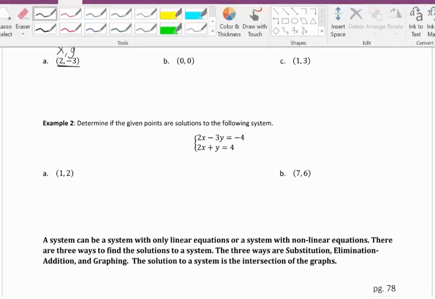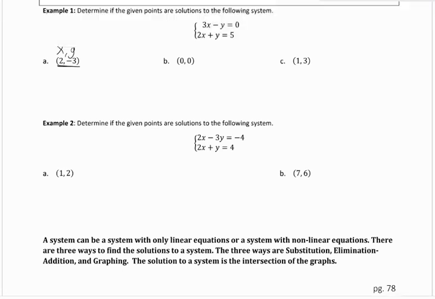Let's try the first one. 3 times 2 minus negative 3 equals 0. 3 times 2 is 6. A negative times a negative is a plus, so 6 plus 3 is 9. Is 9 equal to 0? No. So we don't need to go further. That means this is not a solution.